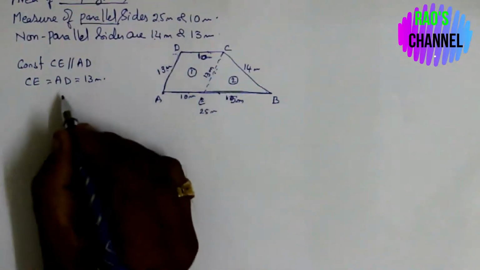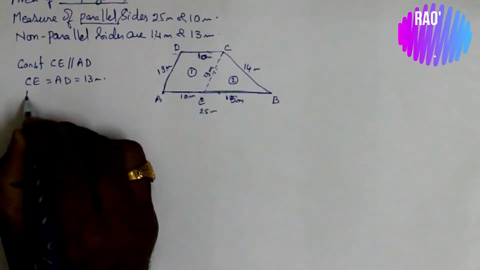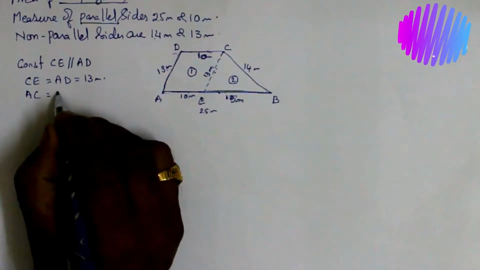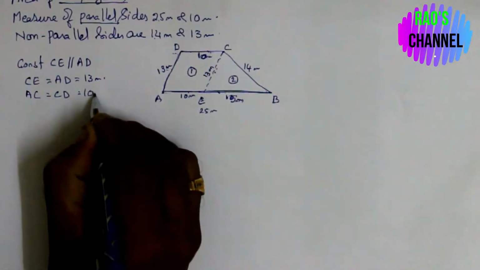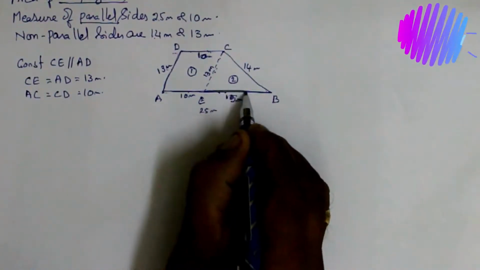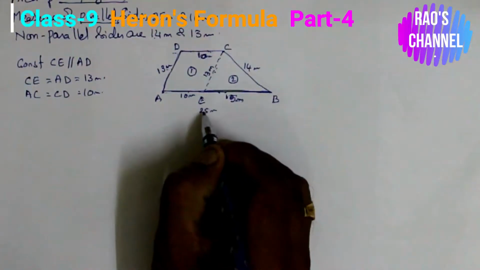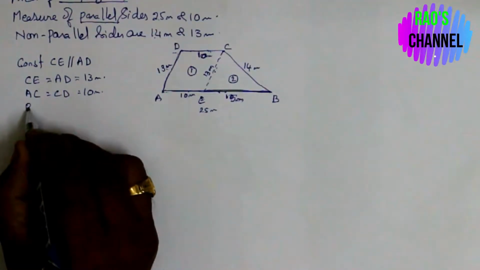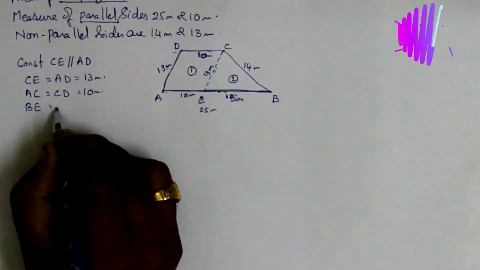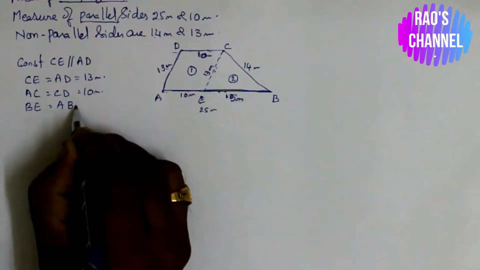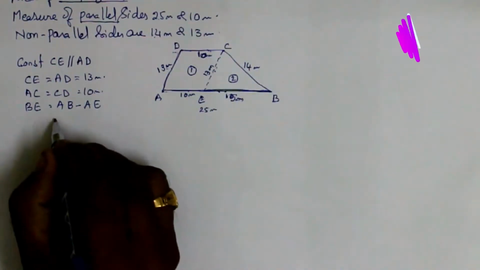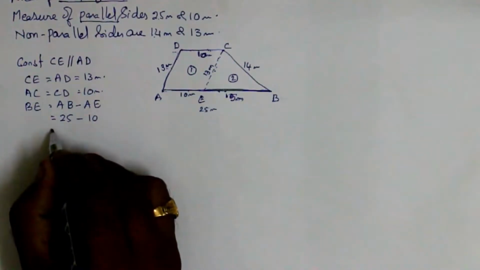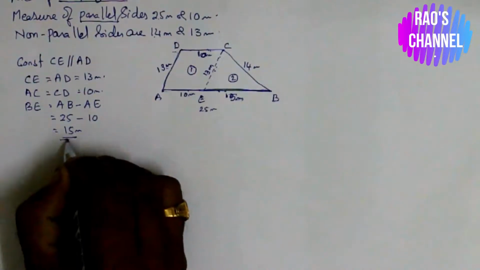And also in this parallelogram, AE is equal to CD, which is equal to 10 meter. Therefore, EB is the difference of the total measurement and this 10. So BE is equal to AB minus AE. AB, we know, is 25, and AE is 10. So this is 15 meters. These are the measurements we have.